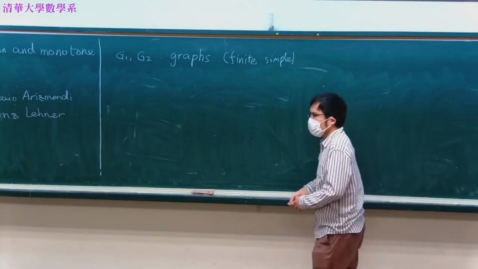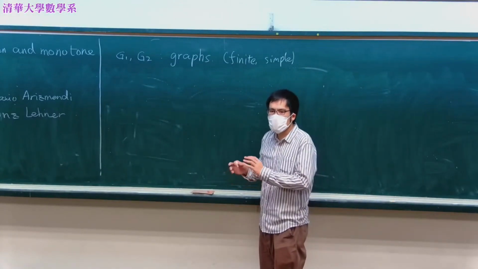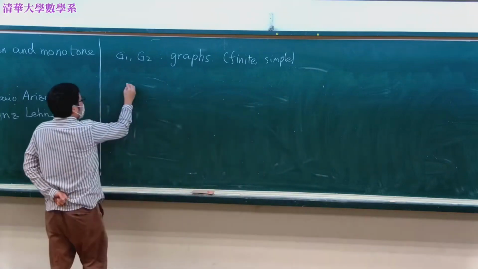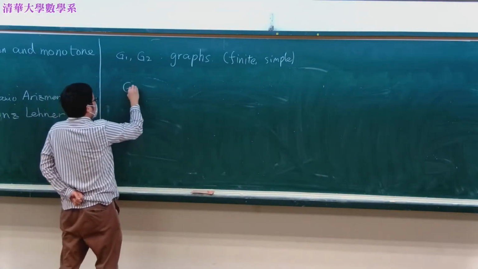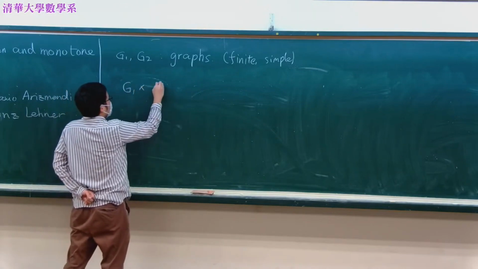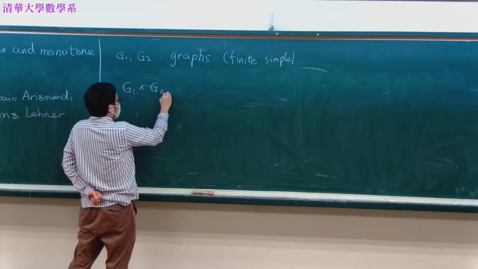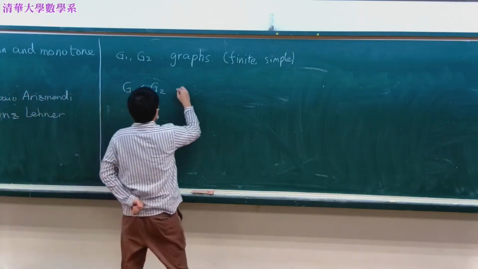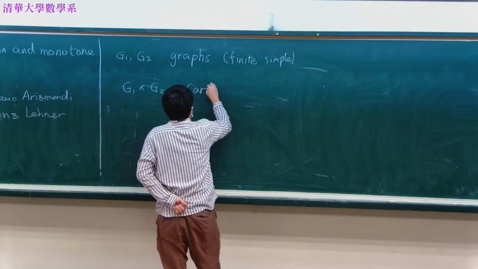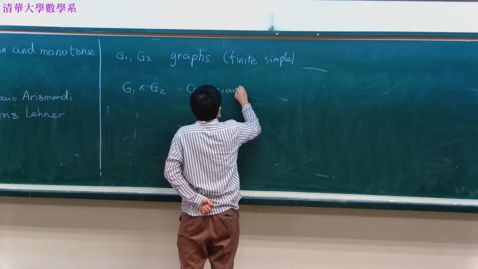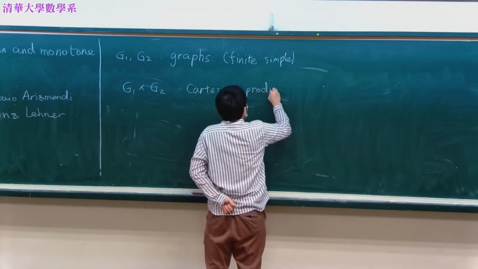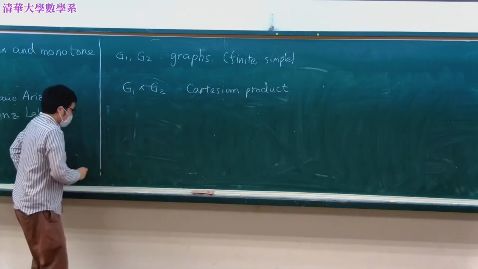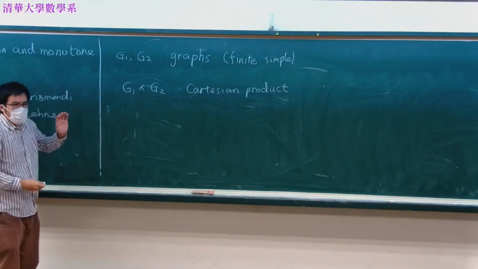Simple means no loops, no multiple edges. And there is a certain binary operation called the Cartesian product that is usually denoted by cross. What is this? It's much easier to understand by examples.